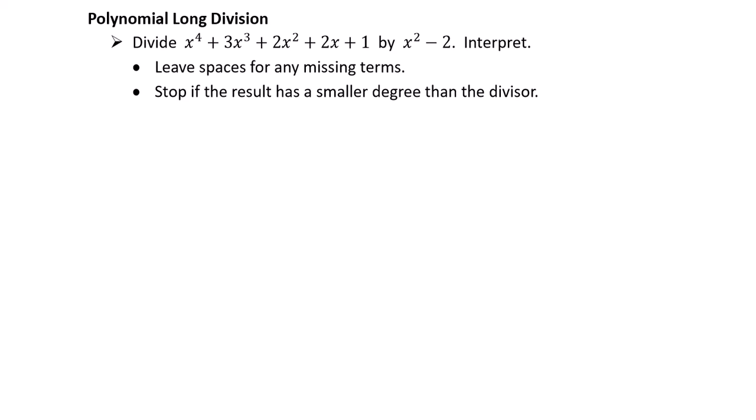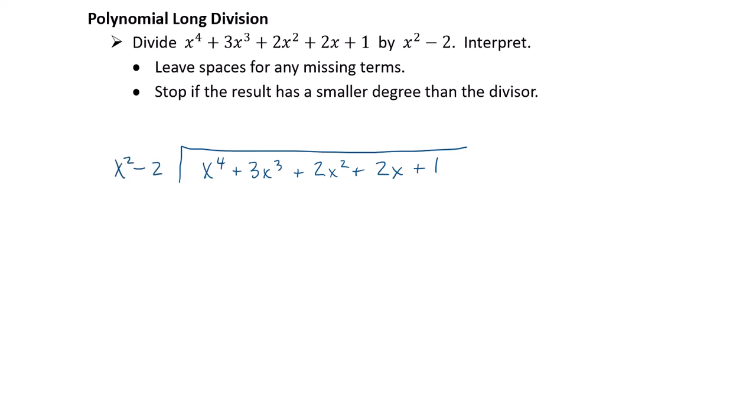Make sure to leave spaces for any missing terms, and then we'll stop if the result has a smaller degree than the divisor. Let's go ahead and put our polynomial inside. No missing terms there. We have an x squared minus 2, and then we start dividing.